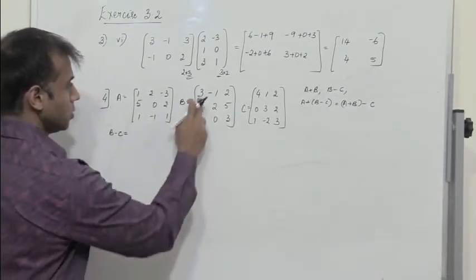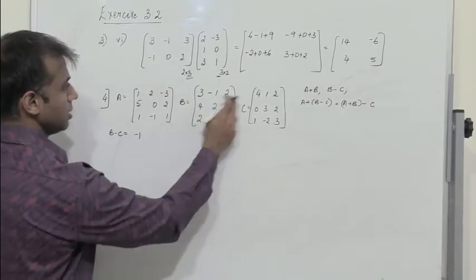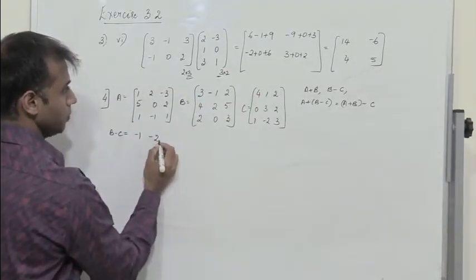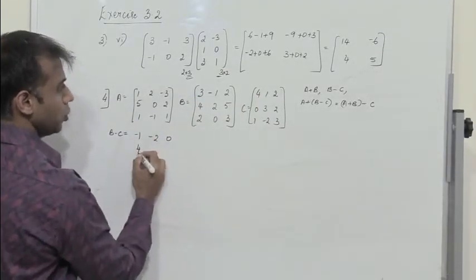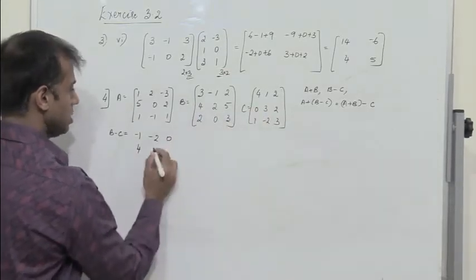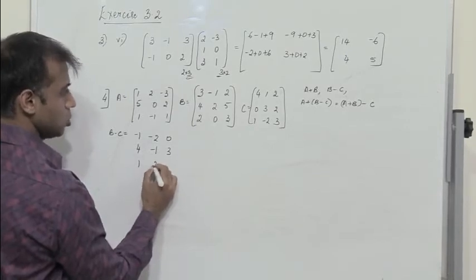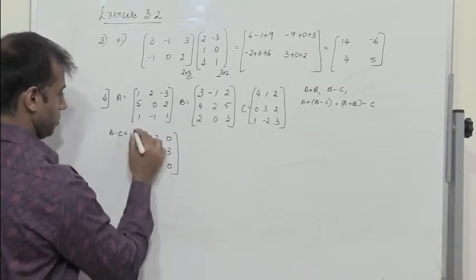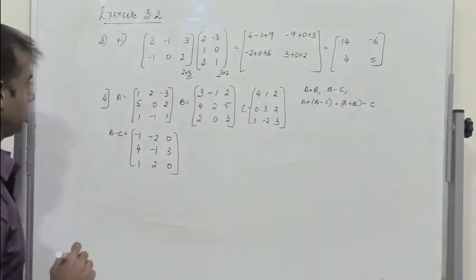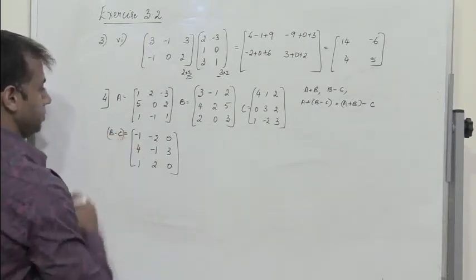Subtract these two. So 3 minus 4 is minus 1, minus 1 minus 1 is minus 2, 0. Then I have 4 minus 0 is 4, 2 minus 3 is minus 1, 3. Then I have 1, 2 and 0. Okay, so this is B minus C.